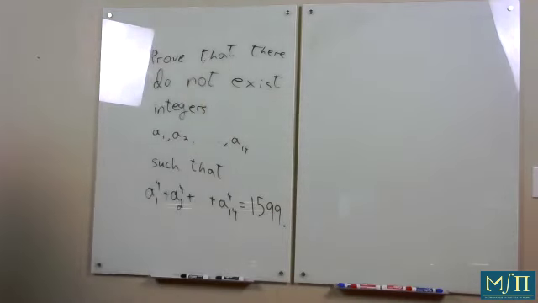So prove that you can't take 14 integers such that when you raise them to the fourth power and then add them all up, you get 1,599.